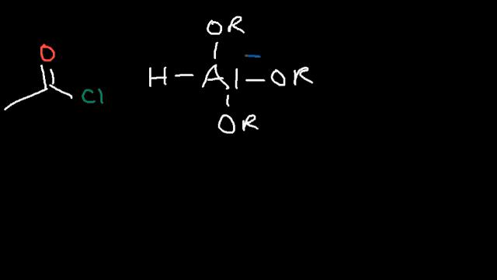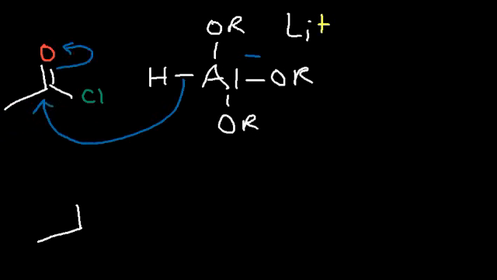The aluminum atom has a negative formal charge, and lithium has a positive charge. So the hydride ion is going to attack the carbonyl as usual. The mechanism for this process is not very difficult. We're going to get the tetrahedral intermediate, as always, and the reaction is almost done.